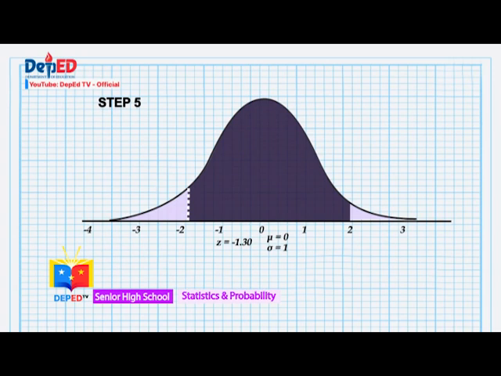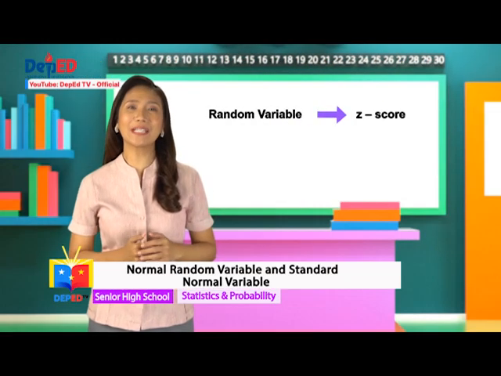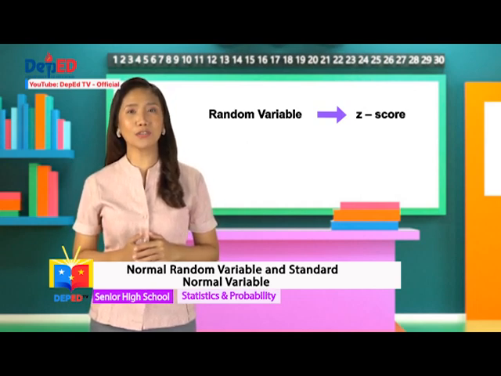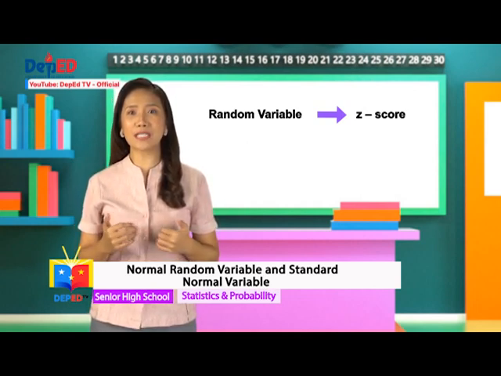The last step is to label the shaded region and draw a conclusion. Therefore, the area between z equals negative 1.30 and z equals 2 is 0.8804.